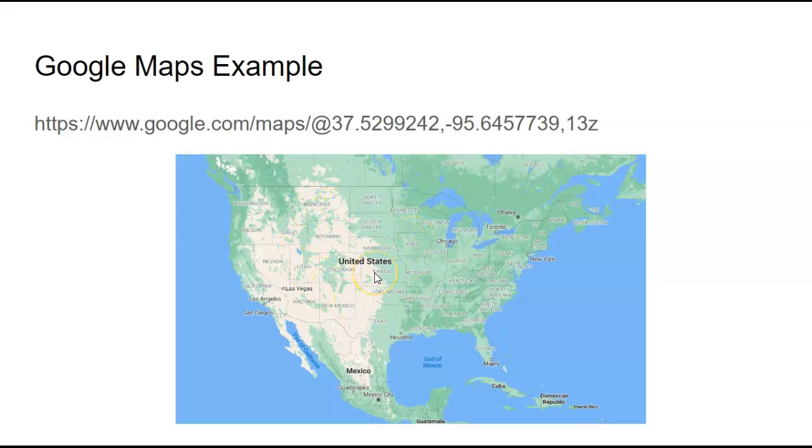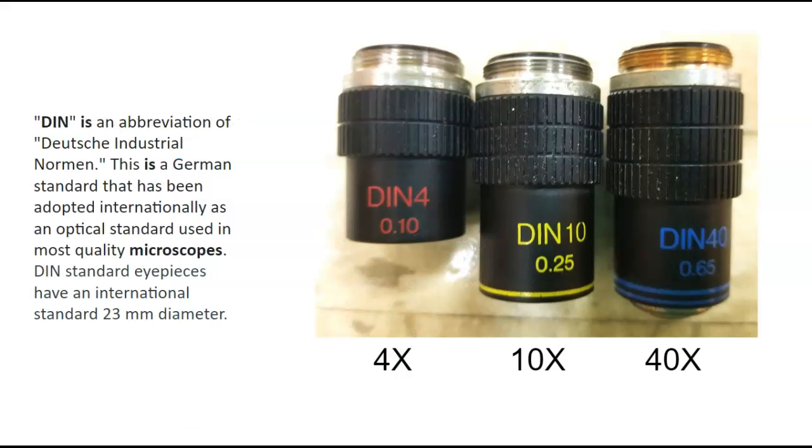If I take this map and I zoom in really up close and I'm in Texas, it's going to be really hard for me to find Wisconsin because I'm super zoomed in. But if I zoom out first, then I can center the map right around where I think Madison is. I can zoom in there and zoom in. So we always want to start zoomed out, which means we're starting with our lowest power objective.